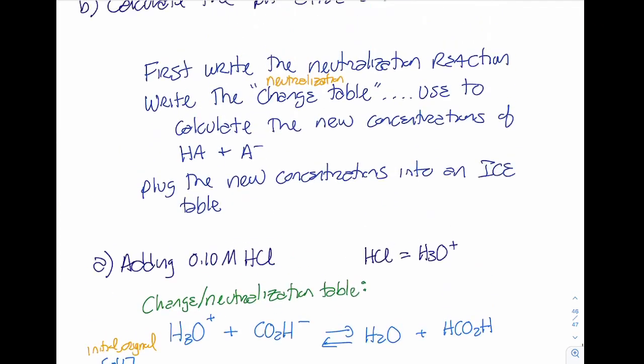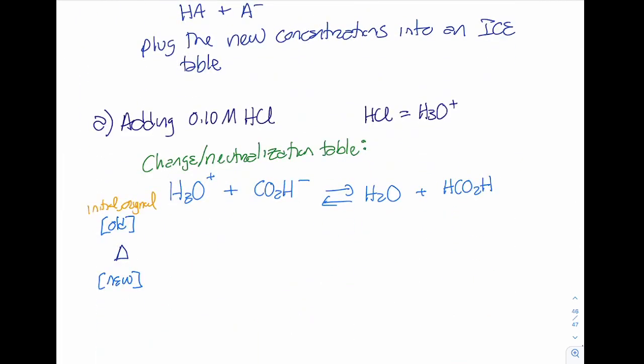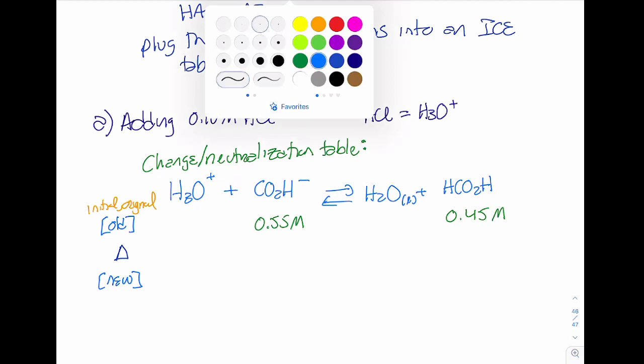So scrolling back up just so we can get them, I have 0.45 molar for my formic acid. I have 0.55 molar for my formate ions. So this was 0.55 molar. This was 0.45 molar. Be really careful that you put the right ones in the right spot. That's a liquid.